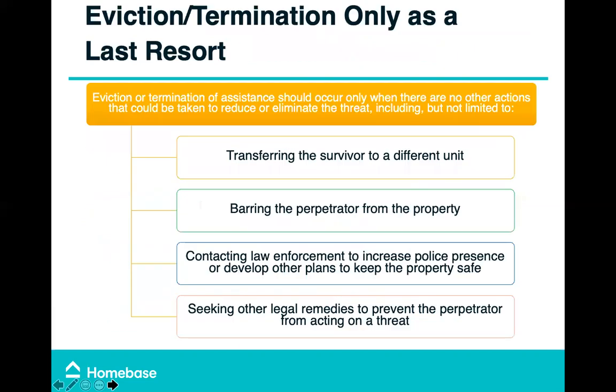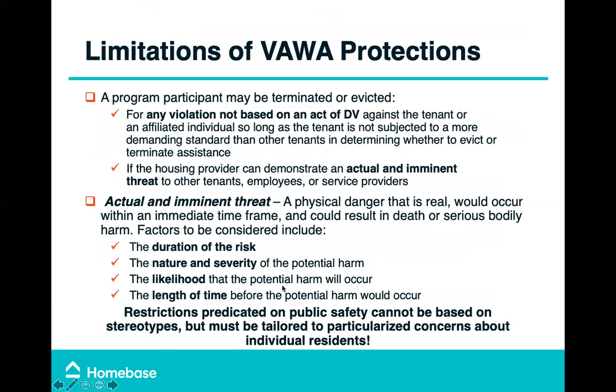On the next slide, as I noted previously, there are some limitations on VAWA protections. Tenants may be terminated or evicted for a non-domestic violence related violation, so long as they are not held to a more demanding standard than other tenants, or if the housing provider can demonstrate an actual and imminent threat to others.